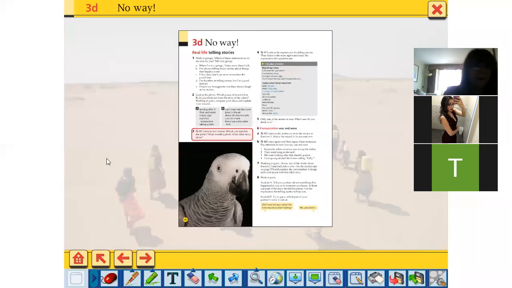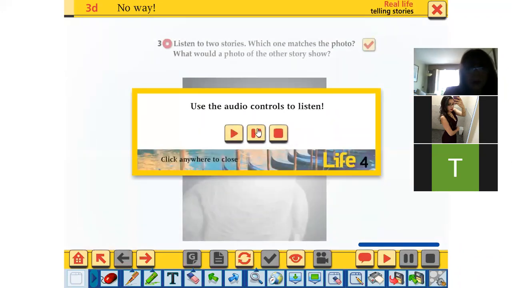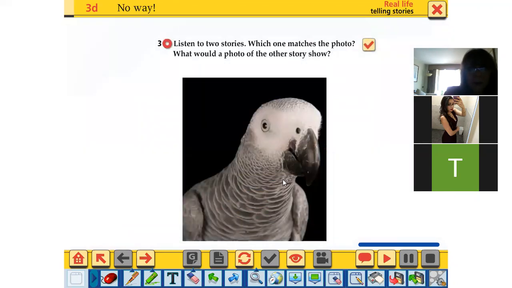Here it is. Yes, this is the unit, you see? So what we're going to do is listen to this to find the correct information and discover which of these two stories matches the photo. Let's listen to this. Use the audio control.